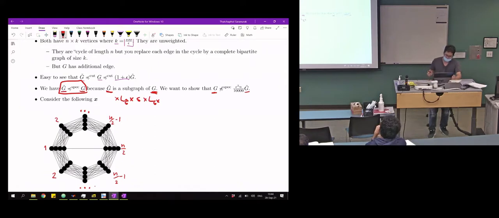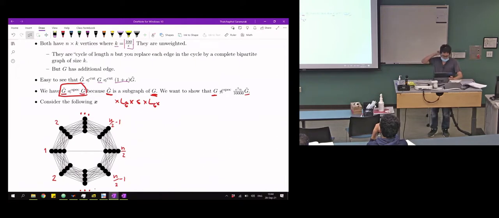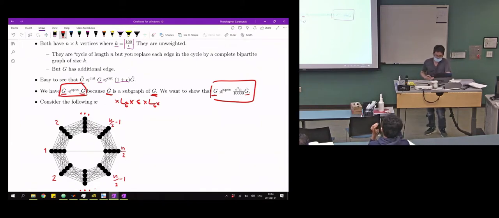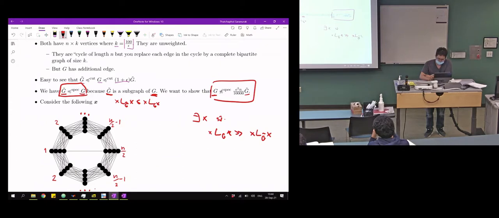Okay, in this sense, G is much bigger than G tilde. So what do we need to show? To show this, what do we need to do? I need to tell you an x such that x transpose LG x is much more than this. Okay, maybe within n factor.